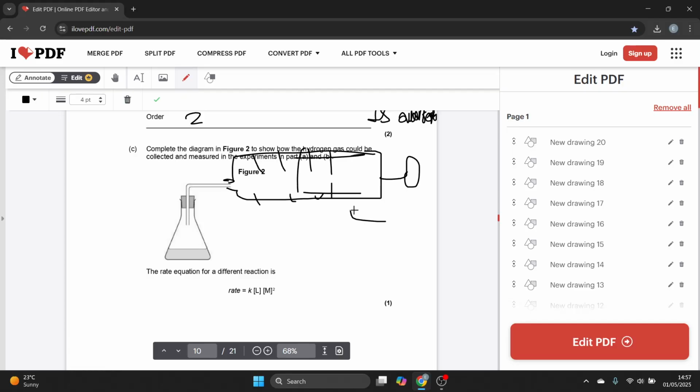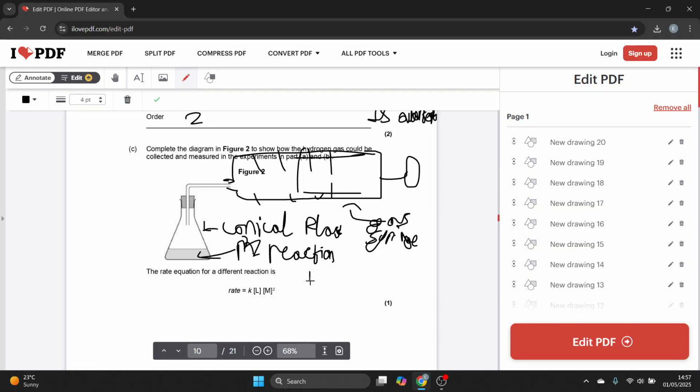And this is obviously your gas syringe. This is called a conical flask. And this is your mixture, well, let's be more specific, your reaction mixture. And was that all for 1 mark? I think it was.